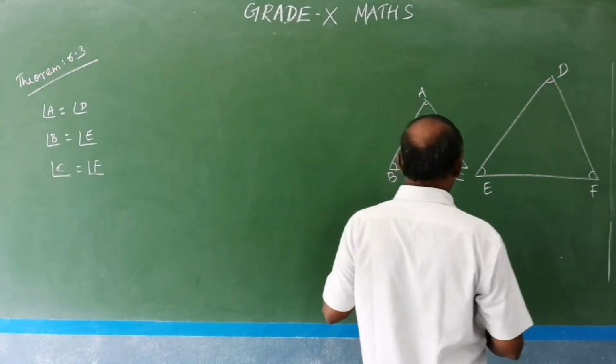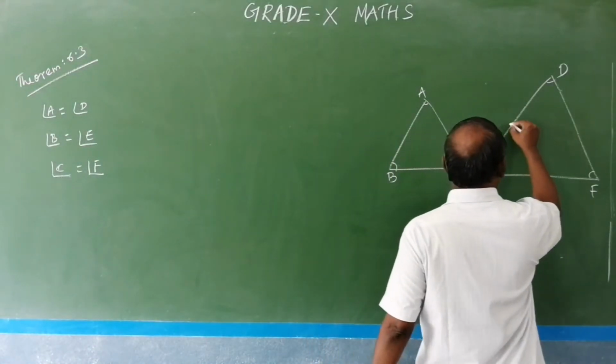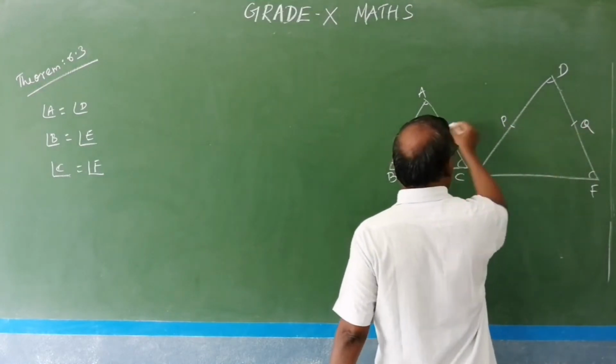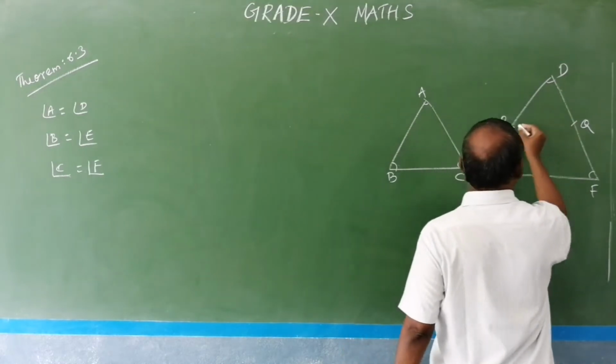Now for our convenience, take two points P and Q such that AB equal to DP and AC equal to DQ.